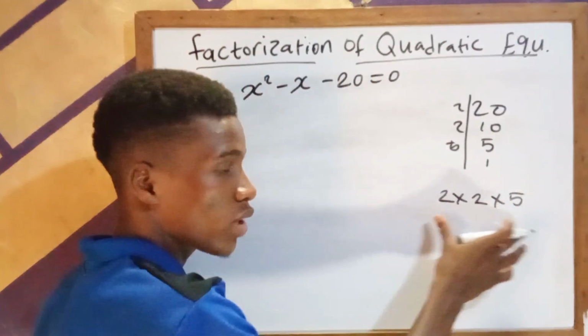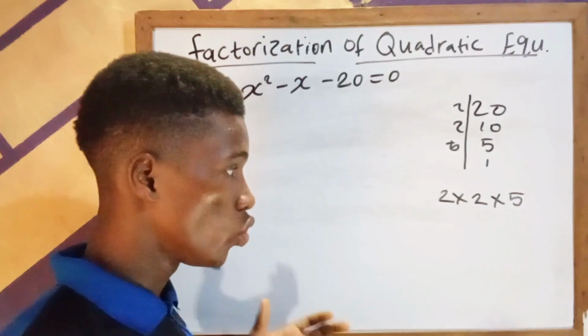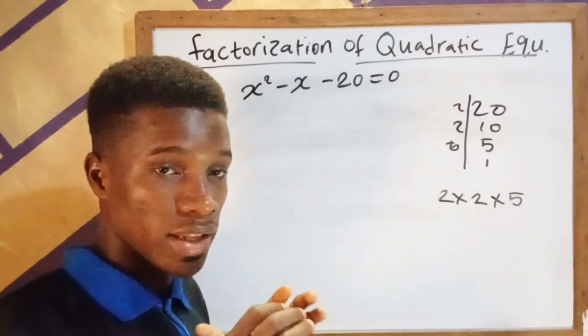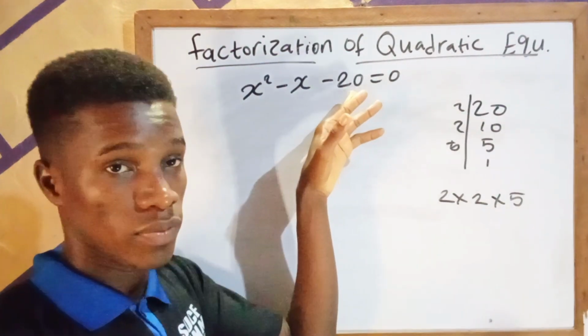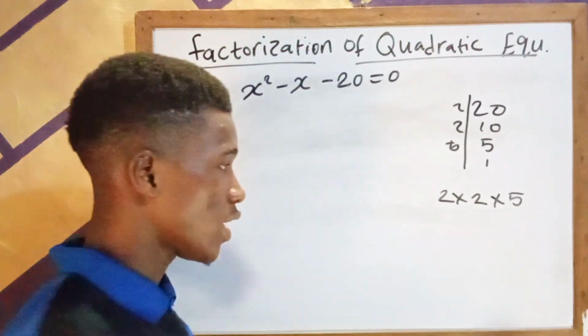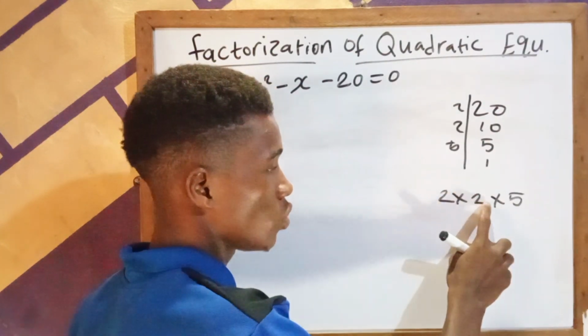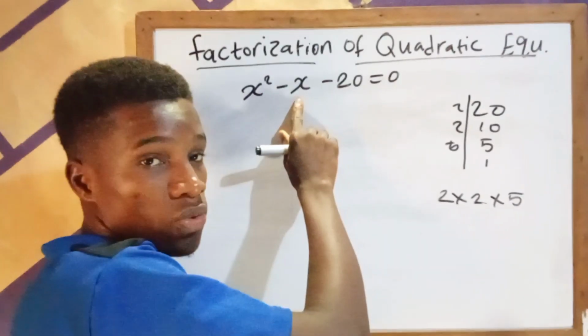From these factors that can multiply to give you 20, to know the ones that suit as the factors of this quadratic equation whose constant term is 20, you can pair 2 and 2 times 5, which is 10. When you sum them, is there a way they can give you x?